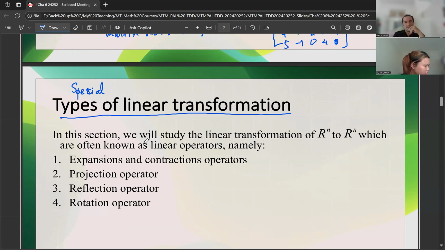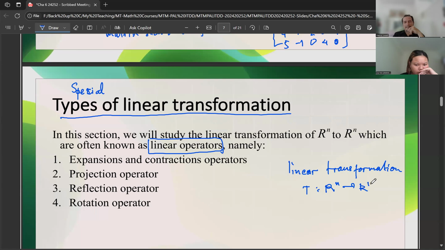Before we talk about special types, we define linear operators. So a linear transformation, as we know from before, is a function from Rn to Rm.